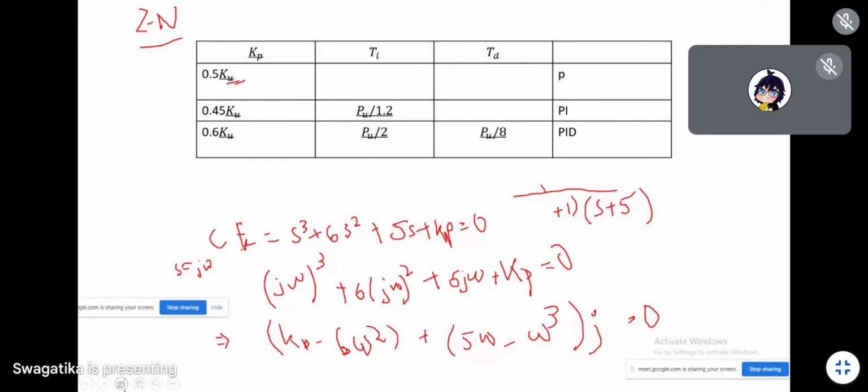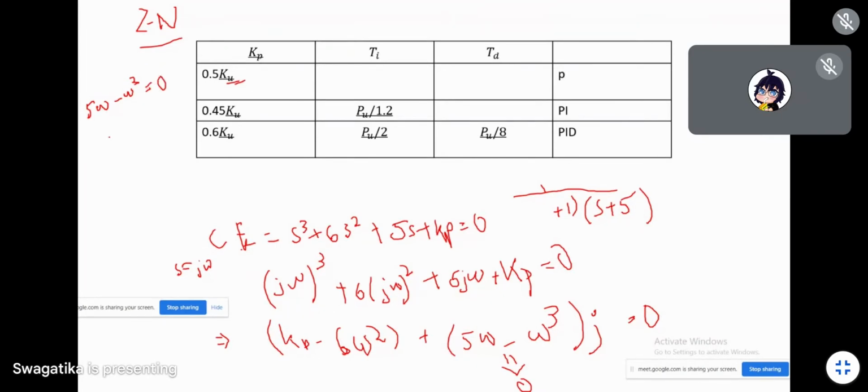Now the step is you have to equate this with 0. So this is 5 omega minus omega cube equals to 0.